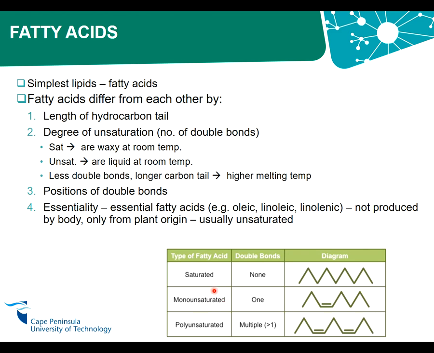But if we look at the monounsaturated, we have one double bond that is present. So we know there's one double bond, and we call this a monounsaturated fatty acid. Then if we have more than one, we call the fatty acid a polyunsaturated fatty acid.